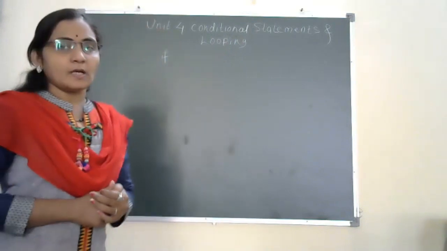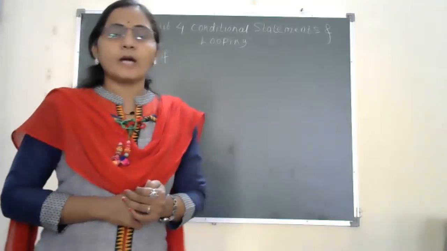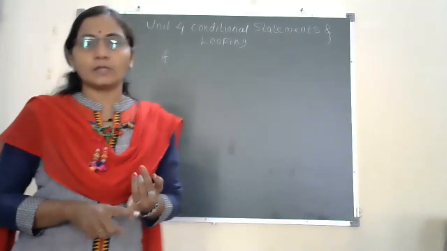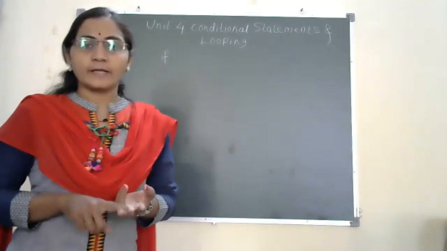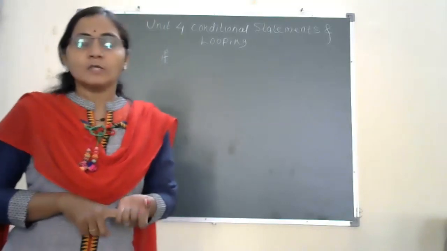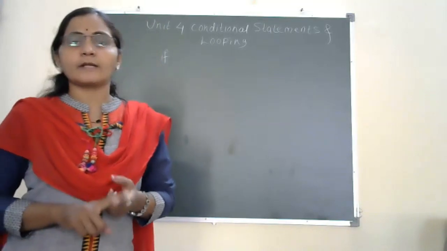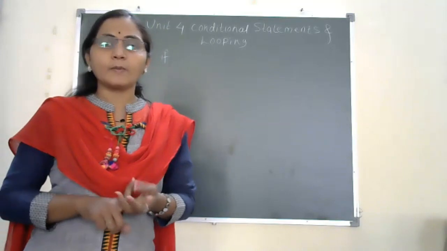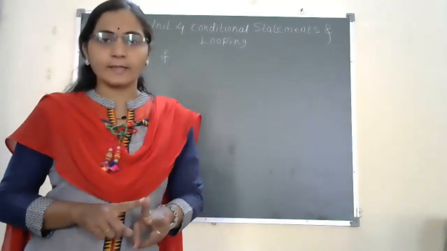Suppose, for example, after your 12th result is declared, you have two alternatives. Either you go to graduation in BSc, or you go to engineering graduation, that is, the B.Tech. So from this one condition, after the declaration of your result, whatever marks you got, you have two alternatives.